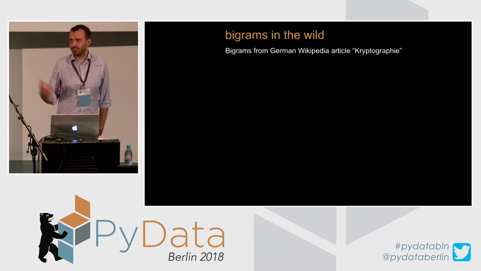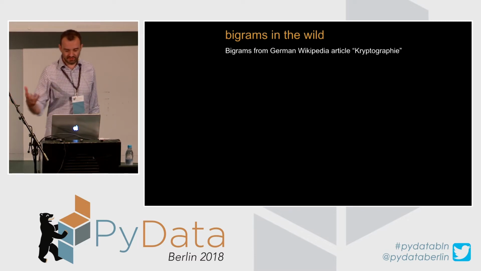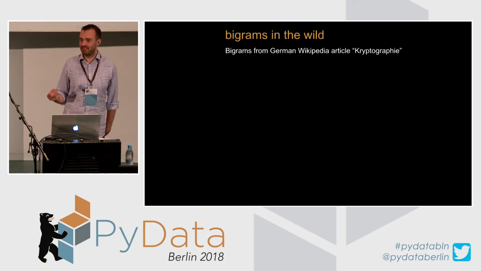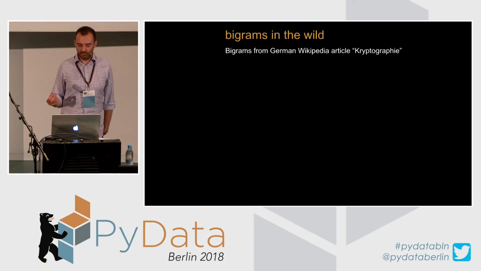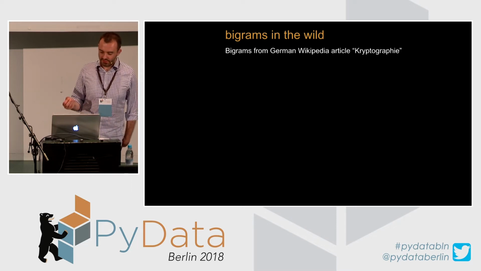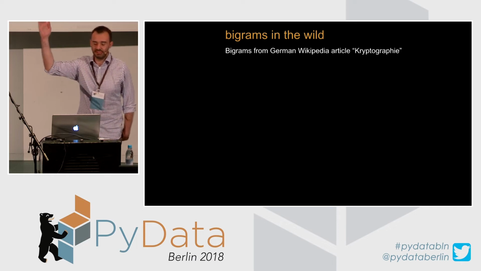Now, what's interesting or important about them? Well, to give you a sense of why they might help encode a text in a way that helps you write a machine learning algorithm, I've done a little data visualization experiment here. This is called Bigrams in the Wild, and what I've done is taken a German Wikipedia article, which happens to be the article for cryptography, and computed the bigram frequencies, so 2 grams, sequences of 2 letters.